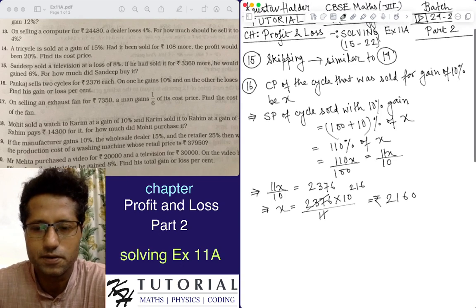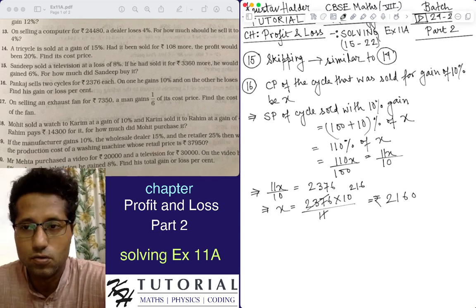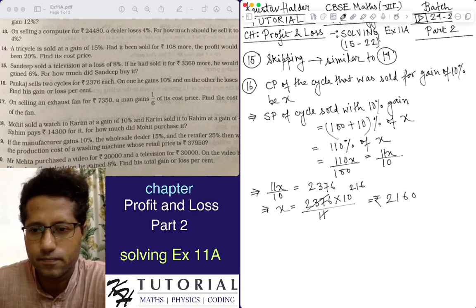Similarly, we can find the cost price of the cycle that was sold with a loss of 10%.